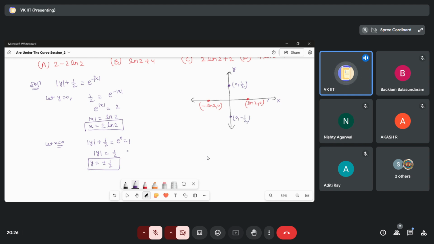Now we know that these all 4 points will be joined together. But can you tell me? I'm drawing 2 diagrams here, and you will tell me which of them is correct.